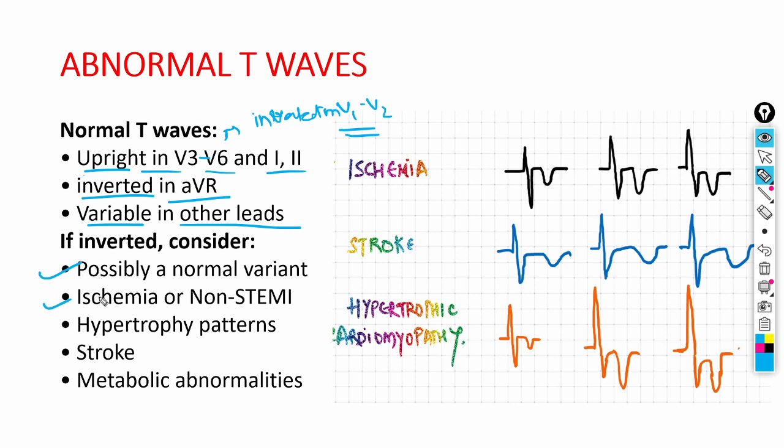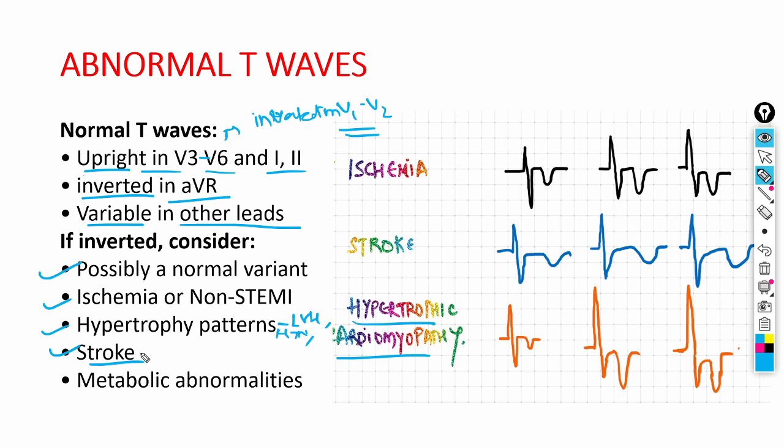T waves can invert in ischemia or non-ST segment elevation MI, as we have already discussed. There can be inversion in hypertrophy patterns like LVH from aortic stenosis, long-standing hypertension, or hypertrophic cardiomyopathy. T waves can also support the diagnosis of stroke.